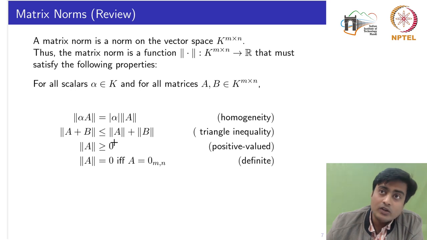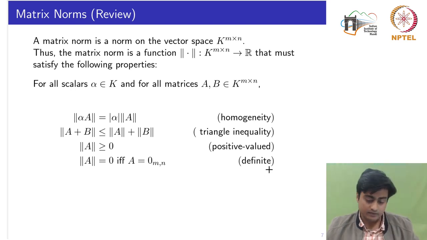Second is the triangular inequality, that the norm of the summation of two matrices is less than or equal to the summation of their individual norms. Third is the positive value, that the norm is always positive or 0, and it would be 0 if and only if the matrix itself is a 0 matrix of the same dimension, which we call the definite property.